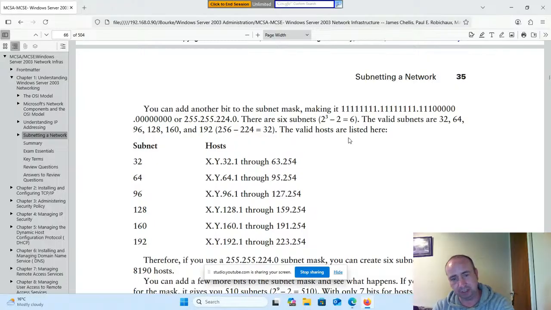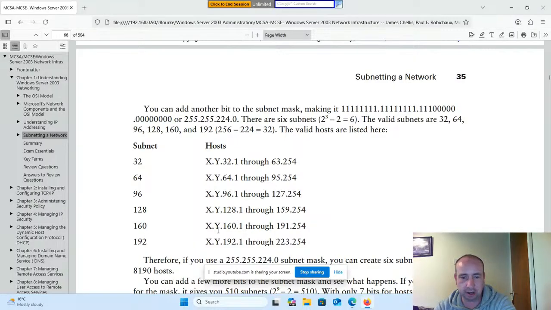The valid hosts are listed here. Subnet 32: x.y.32.1 through 63.254. Subnet 64: x.y.64.1 through 95.254. Subnet 96: x.y.96.1 through 127.254. Subnet 128: x.y.128.1 through 159.254.